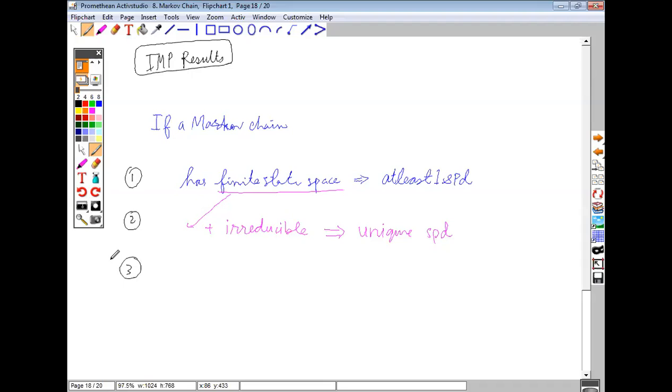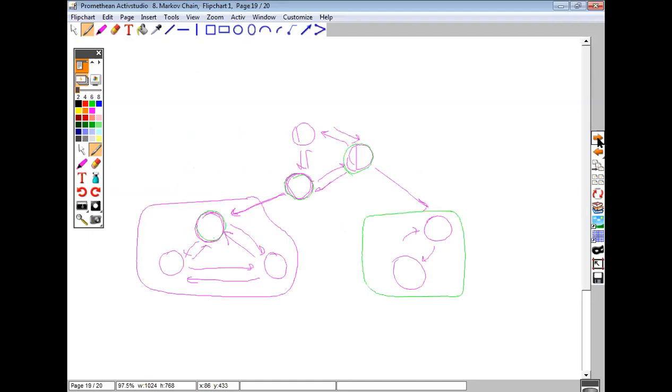Let us do one more example, or maybe I can give you this as homework. This is a chain, with states 1 and 2, each with a self-loop of probability 1.